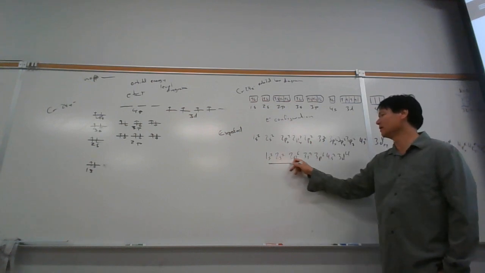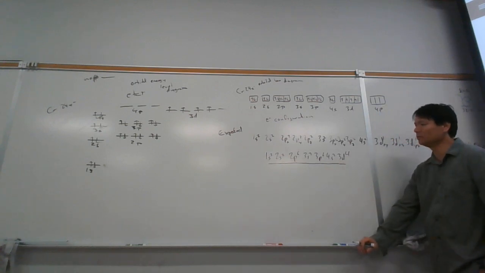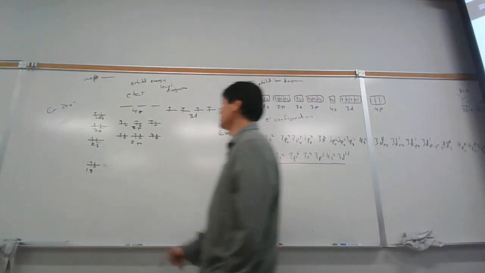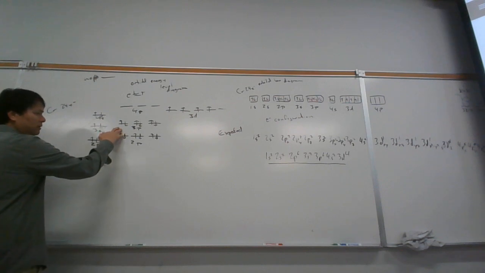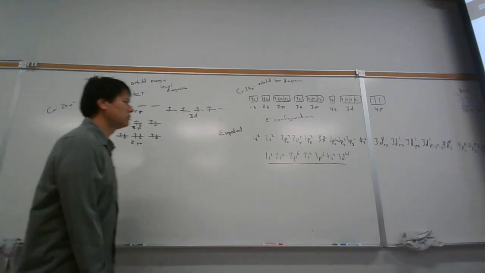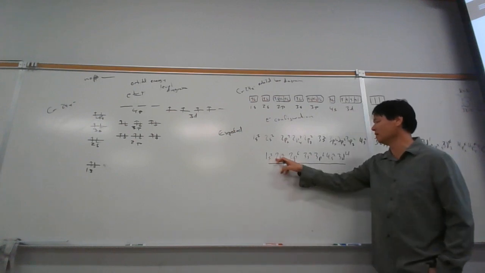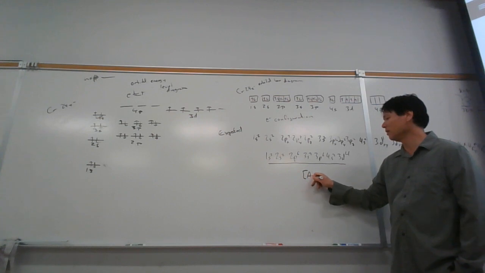Typically, people write the condensed electron configuration. But this becomes a bear too to deal with. And so what we see is the first shell's filled helium, second shell's filled neon, third shell's filled argon. And so what people do is they try to condense this even more. Third shell's filled up to argon. So we call this the argon core.